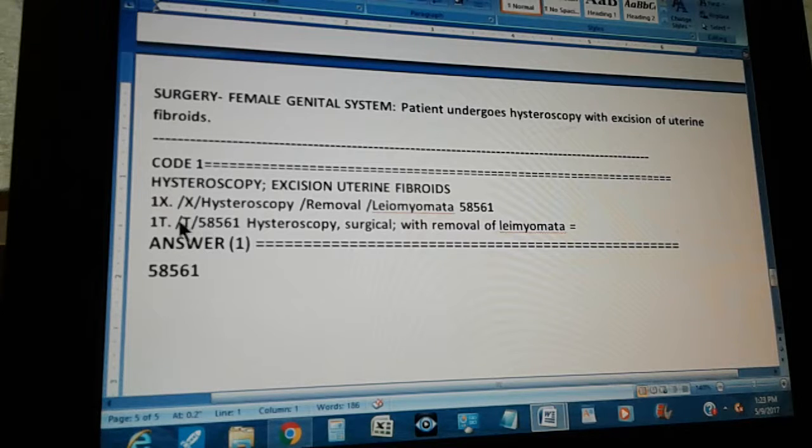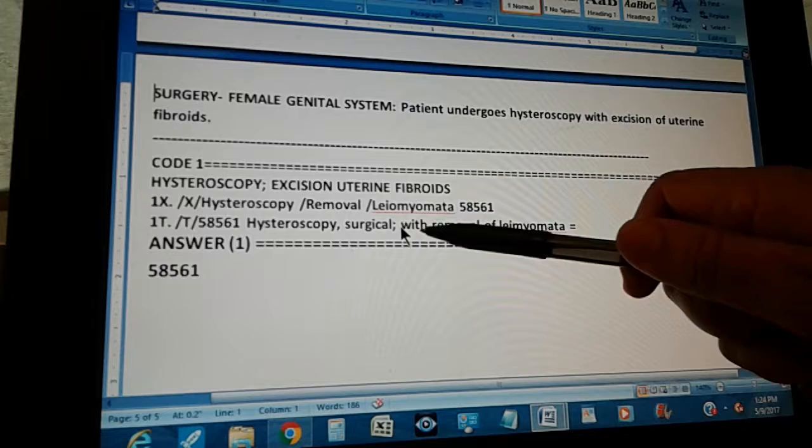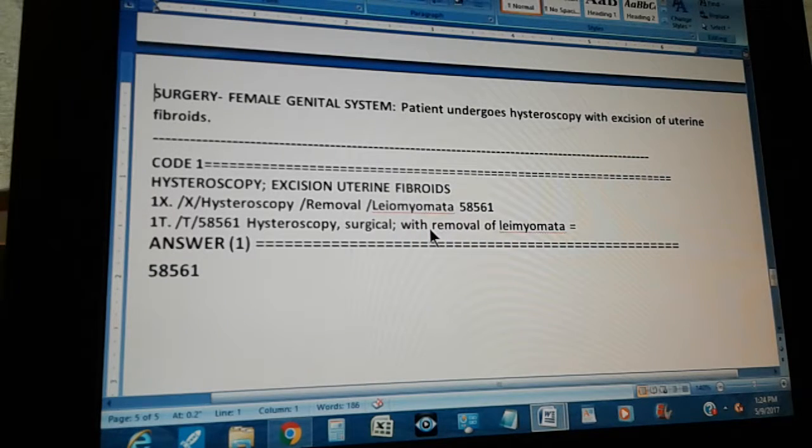So the code is found through the tabular like this. First you start with the tabular, and then you go to the number, 58561. And you find there what? Hysteroscopy, surgical, which is the main definition above, at the beginning of the group. And then there's a semicolon, and then you get to our code, with removal of leiomyomata.